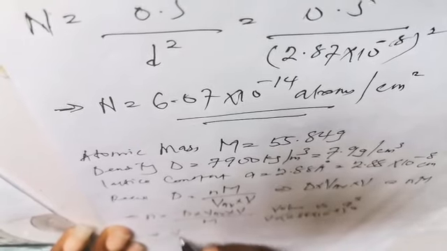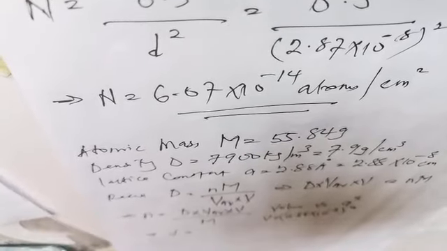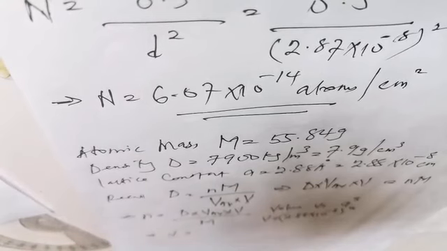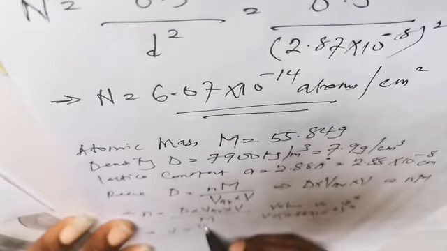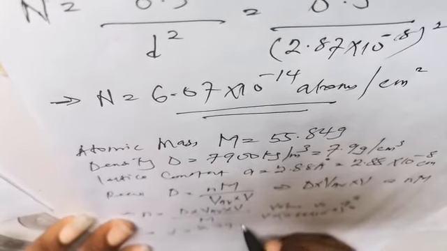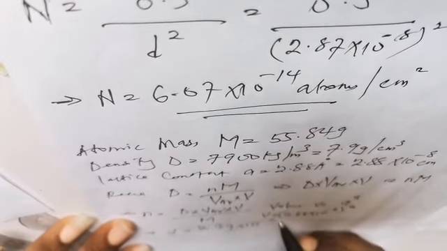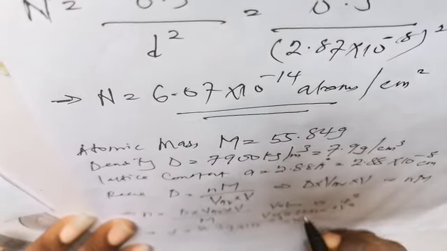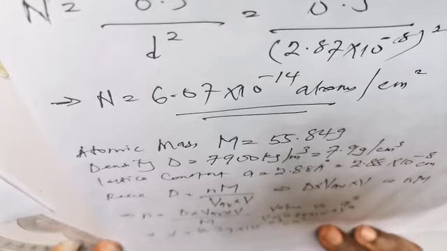This simply implies that our volume V is equal to 2.88 exponential minus 8 to the power of 3. So you have approximately 2.39 by 10 to the power of minus 23 centimeter cube. So we have the volume now in centimeter cube.